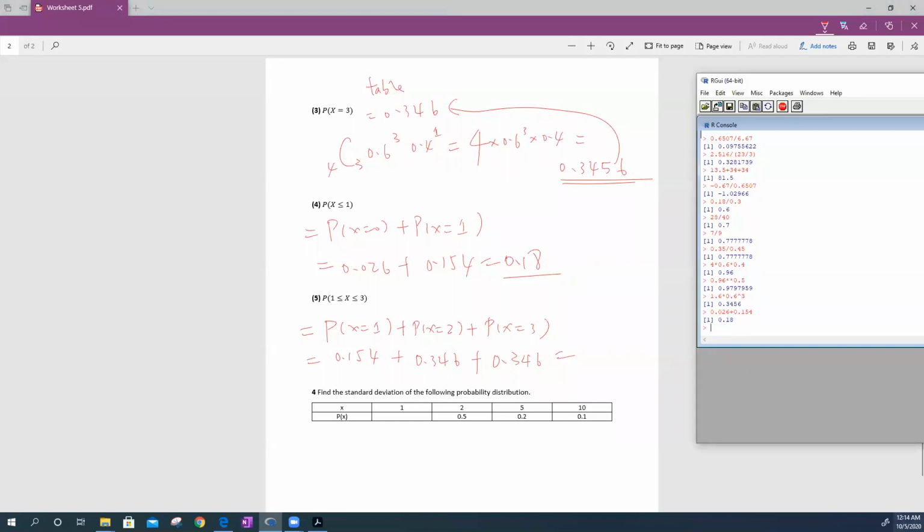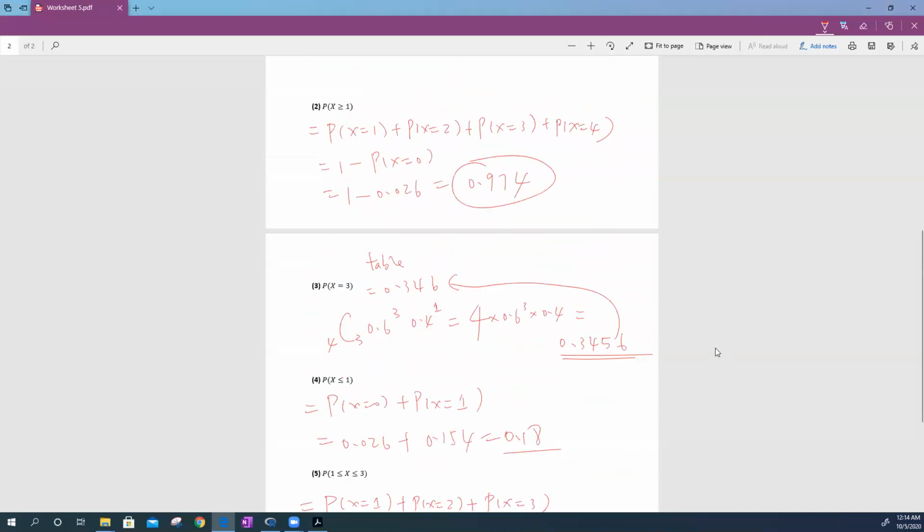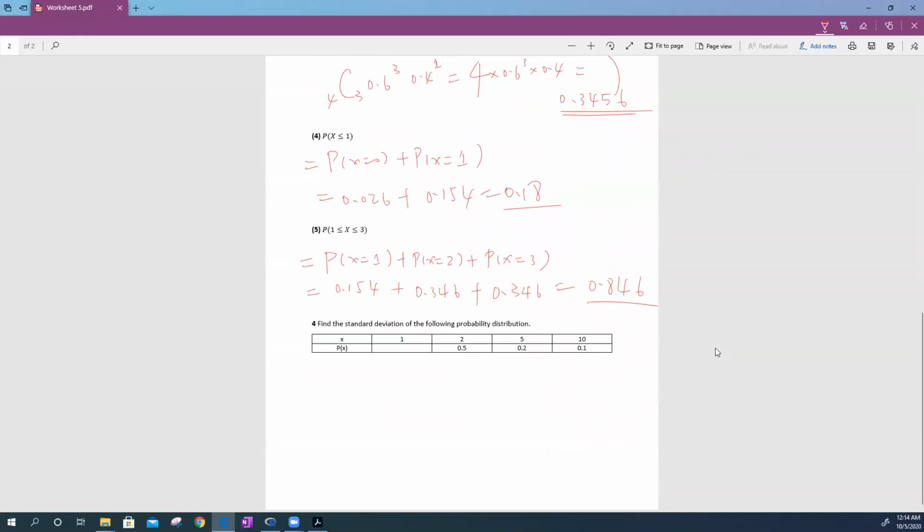So that is 0.846. So we got that probability as well. So that is the binomial question.